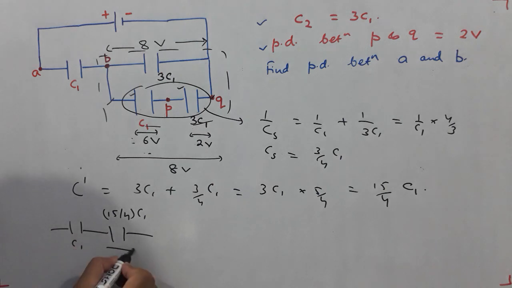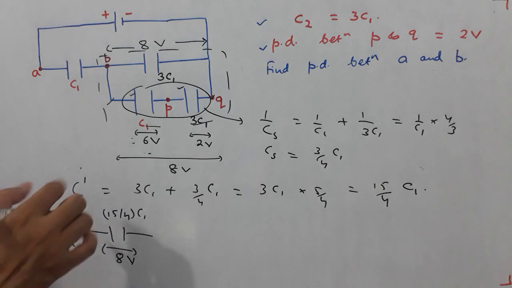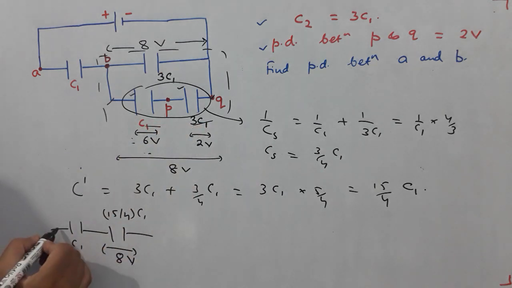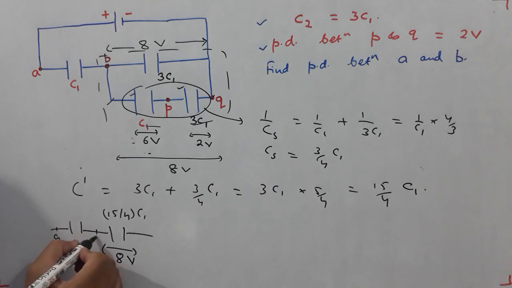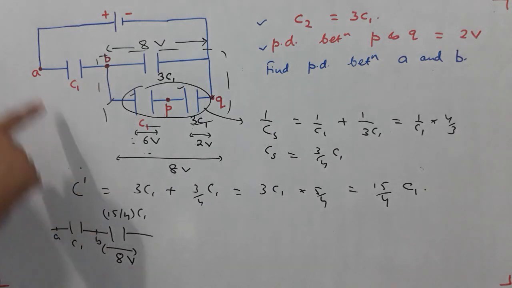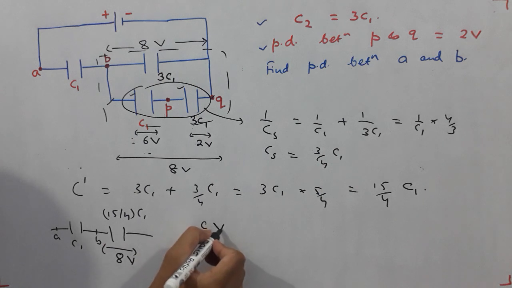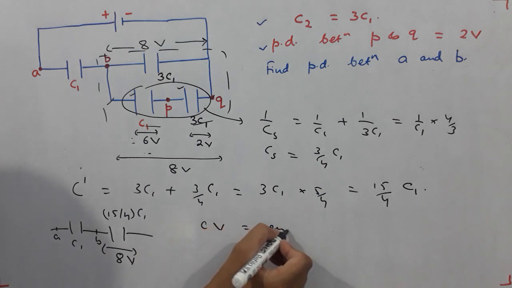Now this potential difference we have discussed, that is how much? 8 volt. Now what I discussed in the beginning, same concept you use here to tell me what should be the potential difference between points A and B. This point is B, this point is A. You see these two are in series, so therefore charge must remain same. If charge is same, the product of C into V must be constant.